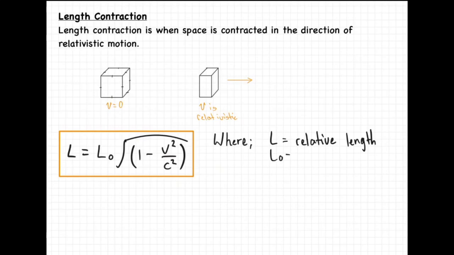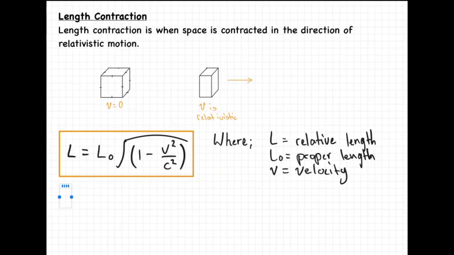L0, proper length. And V, of course, is velocity. Honestly, if you don't feel the need to copy those down, if it's kind of obvious, feel free, but you've just been introduced to relative and proper as a term for 2 different lengths or 2 different times, so it's probably worth it, just so that you have it there.